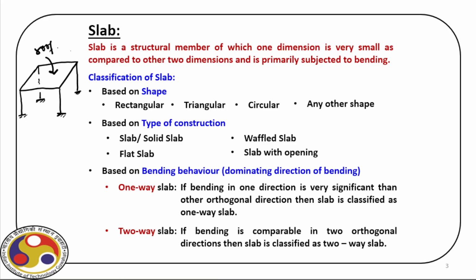Now on this roof, we apply certain load downward. For example, even the dead load of the structure is acting downward. So this roof is what we call a slab.